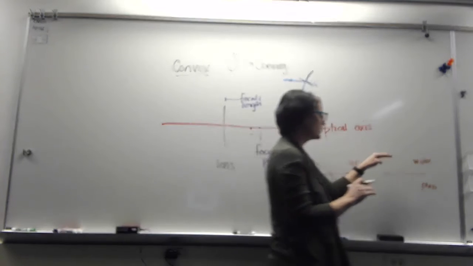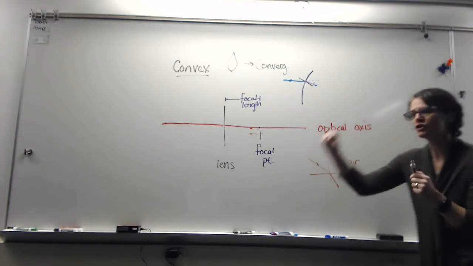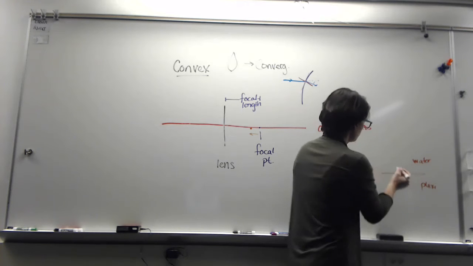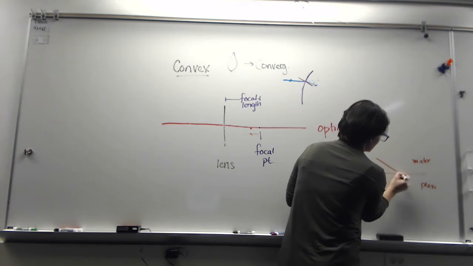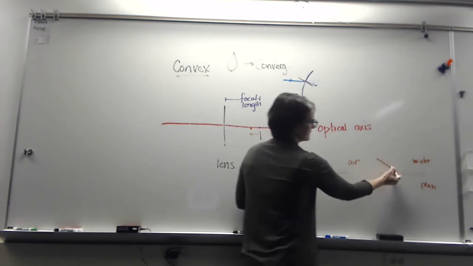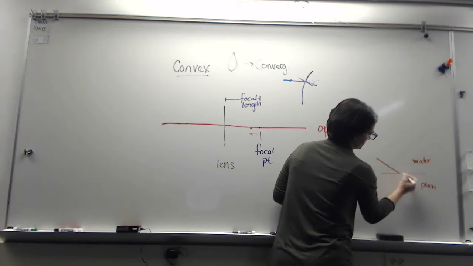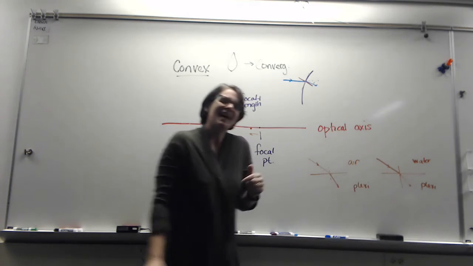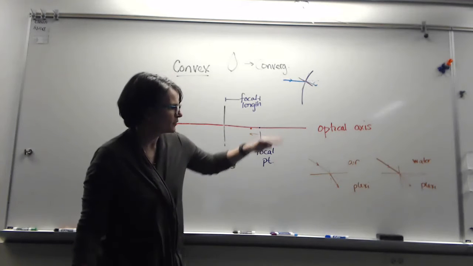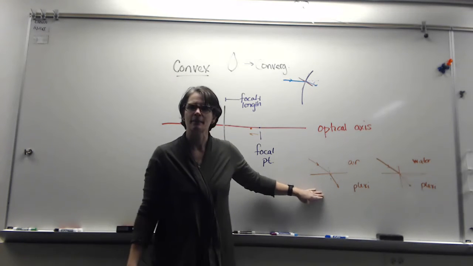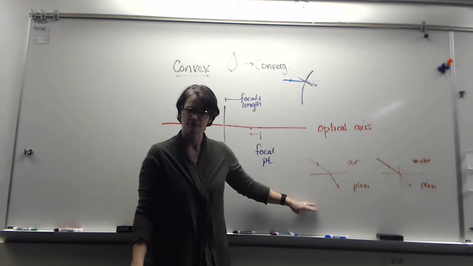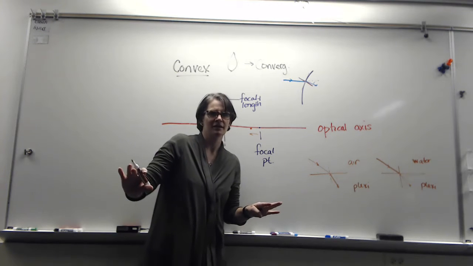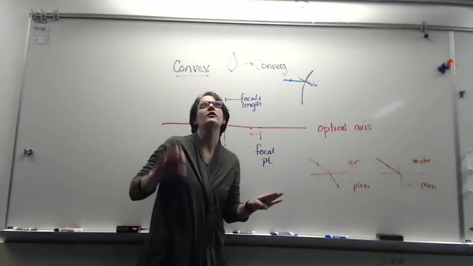So water is closer in its optical density to plexiglass. So if given the same angle of incidence, I'm going to get less refraction going from water to plexiglass than I am going from air to plexiglass. Again, you slow down going from muck to more muck, but you really slow down going from firm to muck.